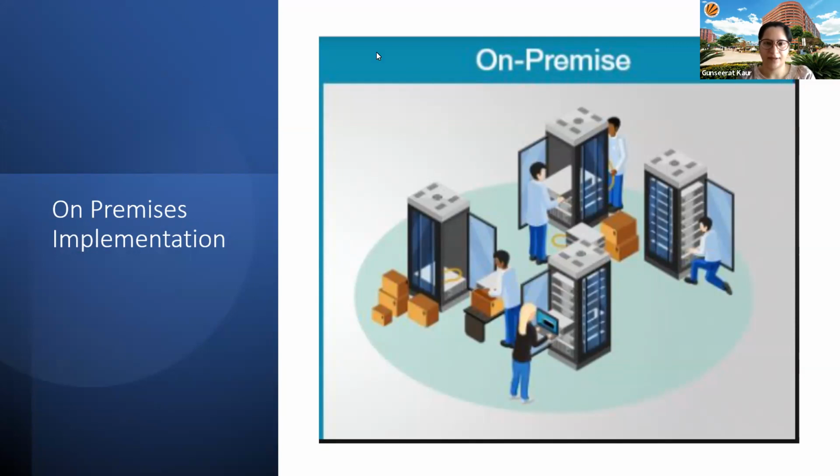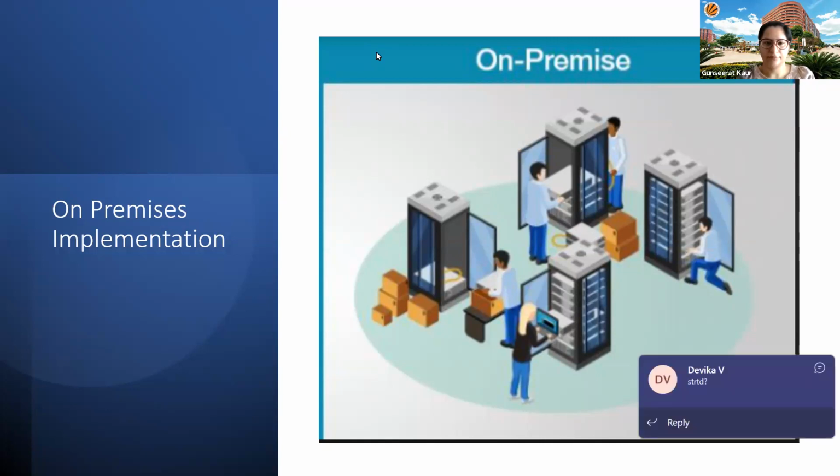Usually when you talk about a decade back, we go with the on-premise implementation. So the on-premise implementation is like, if you want to create any application, first you need to locate a location, in a building or in an office.